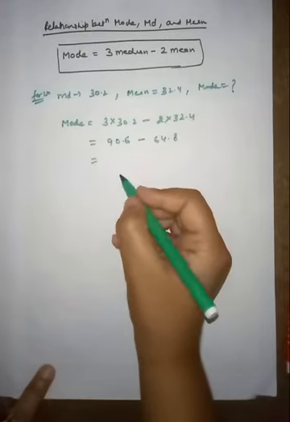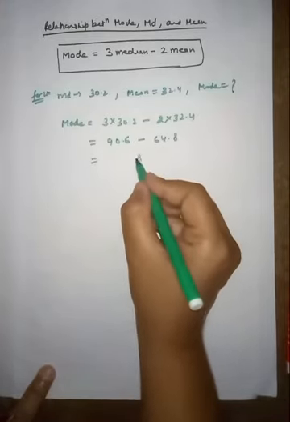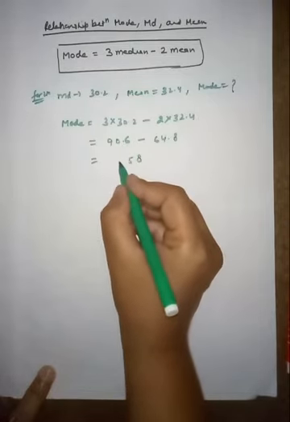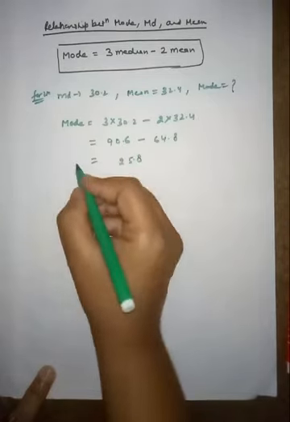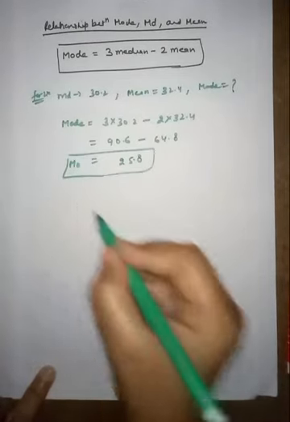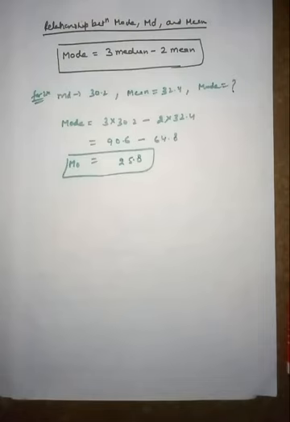Now subtract. So here mode is 25.8, right friend?